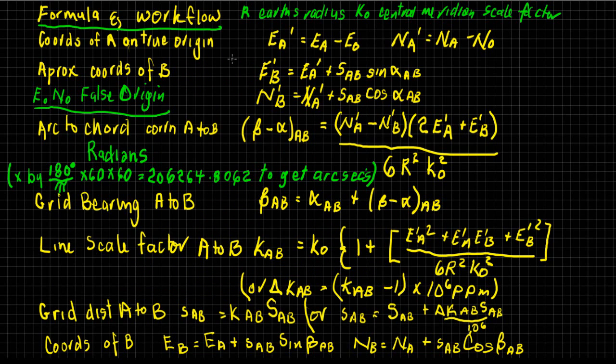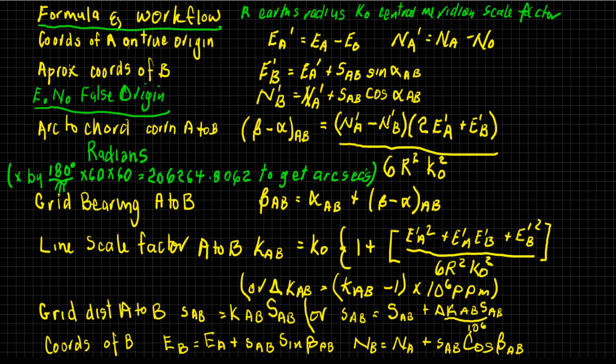So the first thing we need to do is we obviously have the coordinates of our point that we're going to start with, A, but they are of course in terms of the projection, so we need to find out those coordinates in terms of the true origin, or in other words we've got to subtract the false origin values from it. So E' of A equals E of A minus E0, which is the easting of the false origin, and similarly for the northing of the false origin.